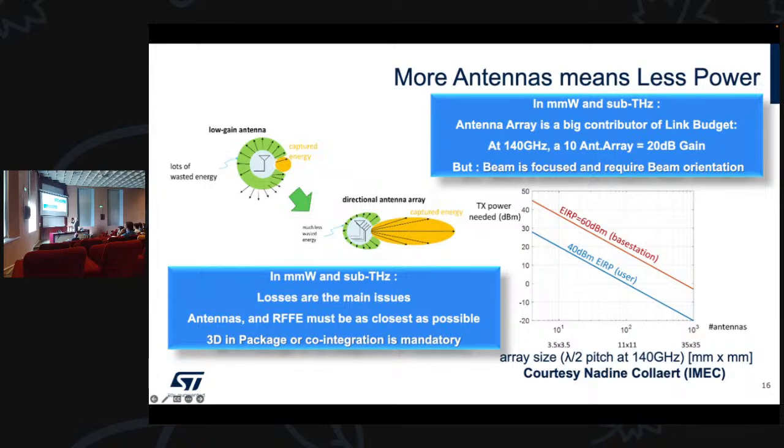So that means that this is interesting, but the bigger the antenna array, the higher the difficulty to follow the mobile. So you need beam forming to focus and to orient your beam. So this is an increase of complexity in your transmitter. But this is a part of the solution.